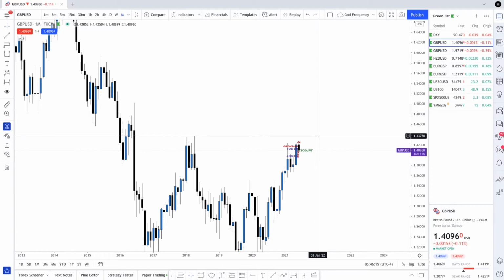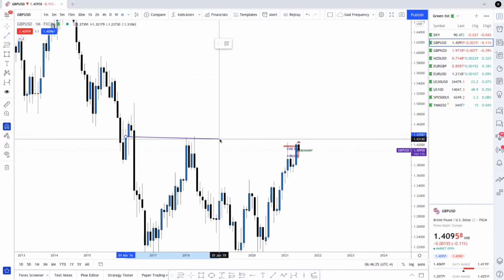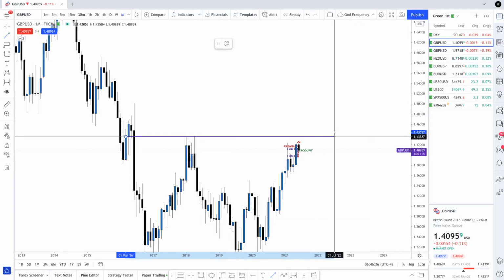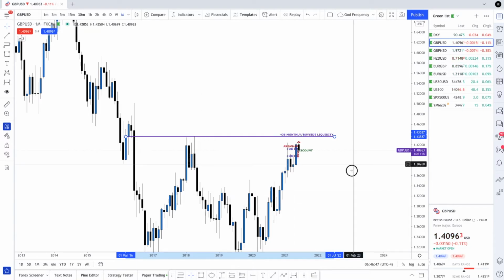is we have this liquidity here that's also in alignment with this order block. On a monthly, plus we have this buy side liquidity.